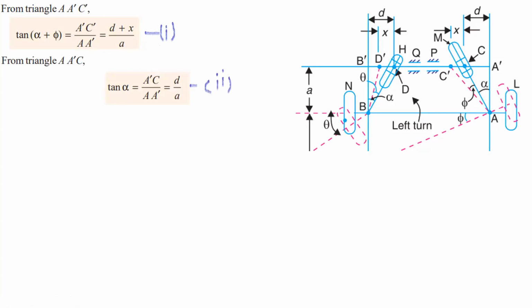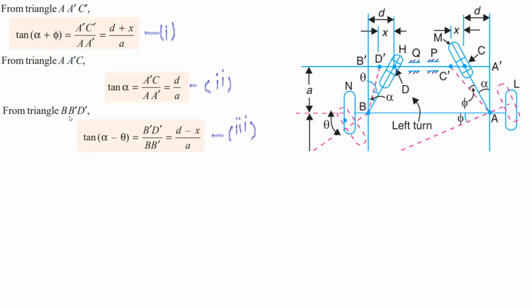Now you consider the triangle A dash C, this triangle only of alpha. So tan alpha can be written as A dash C upon A. A dash C is your distance D. So D upon A. And one more equation you can write, say equation 3.